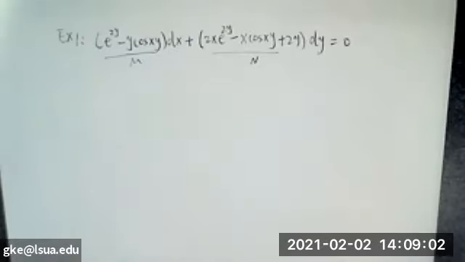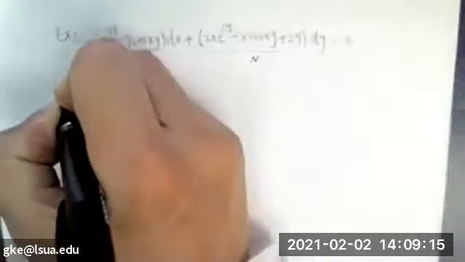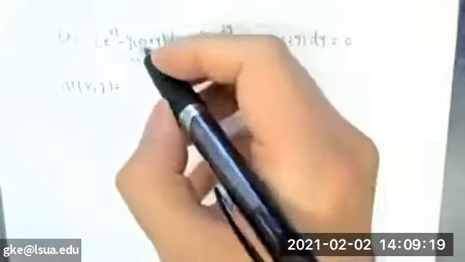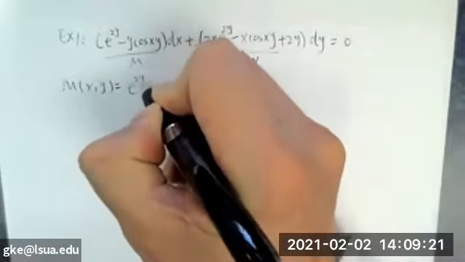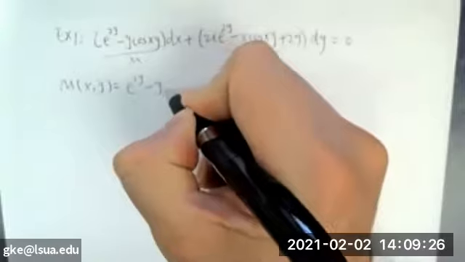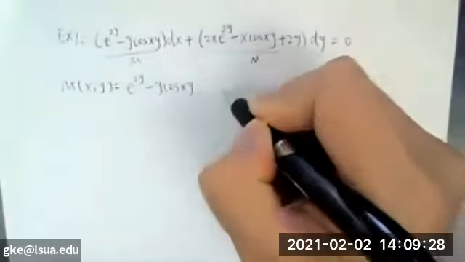Okay, I'm going to write down the answer on the board. Let's take a look. So the first thing you guys need to recognize is what is the M function and what is the N function. For the M function, we have e^(2y) minus y cos(xy).